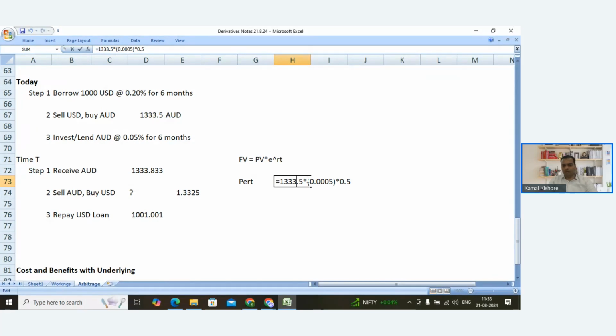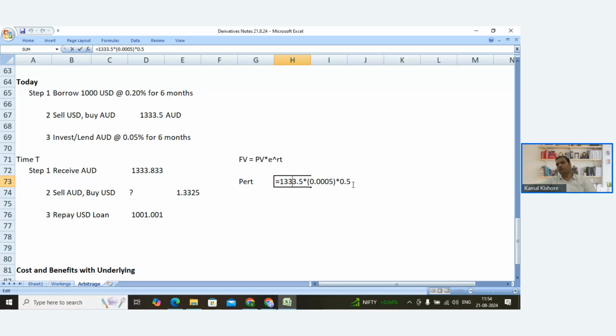First this part will come. Then 0.0005 into 0.5, this you will calculate. Then raise e to the power of this number. First e power is there, the exponential.